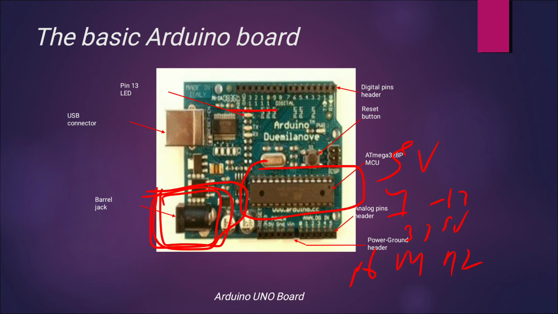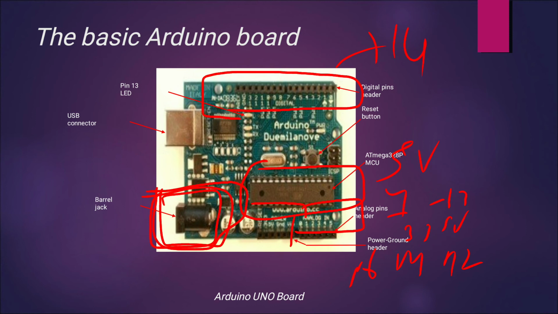This is the digital IO pins, that is 14, of which 6 provide PWM output. This is the analog input pins, that is A0, A1, A2, A3, A4 and A5. Total 6 analog input pins.